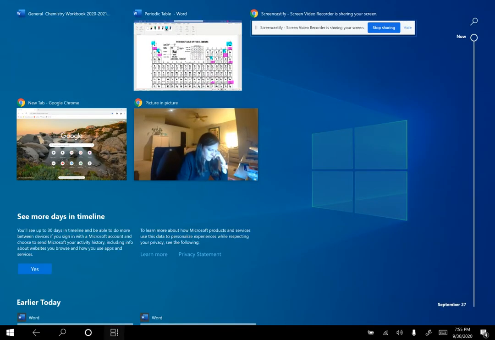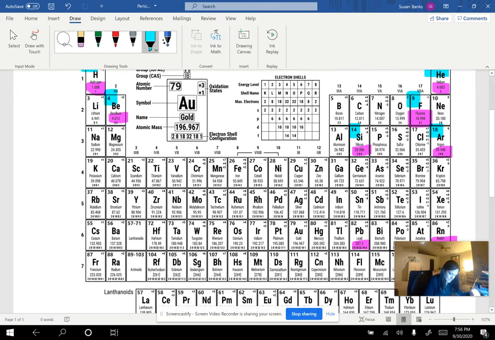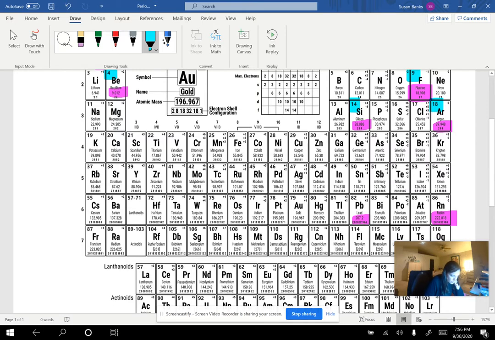Beryllium we had 4. Argon we had 18. So 4 for beryllium, 18 for argon, 82 and 86. Okay, so let's see if we can remember those. 4, 18, 82, 86.